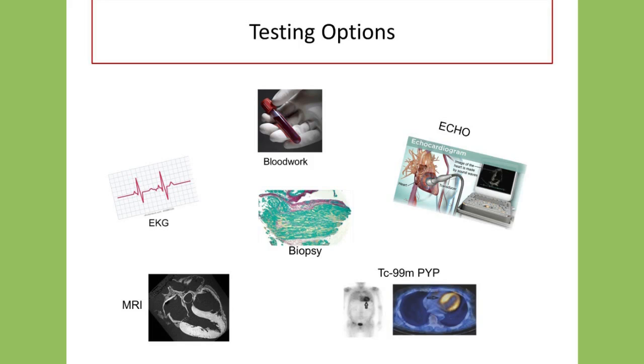Testing options include blood work, ECG, biopsy, cardiac MR, and echocardiography. What we'll be focusing on today is the technetium 99m pyrophosphate studies. There is also now work going on looking at different PET agents and the use of PET in the diagnosis of cardiac amyloid.